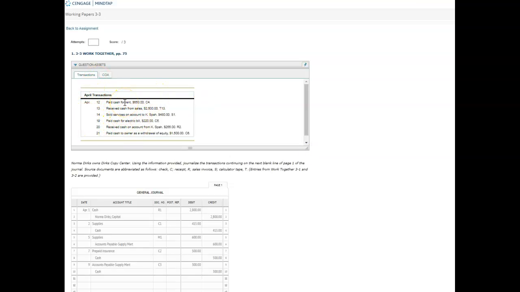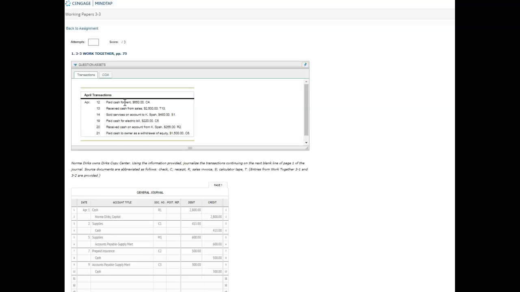On the piece of paper, I want you to write that we are going to have a journal entry for the 12th, the 13th, the 14th, the 19th, the 20th, and the 21st. So we have a total of 6 transactions.